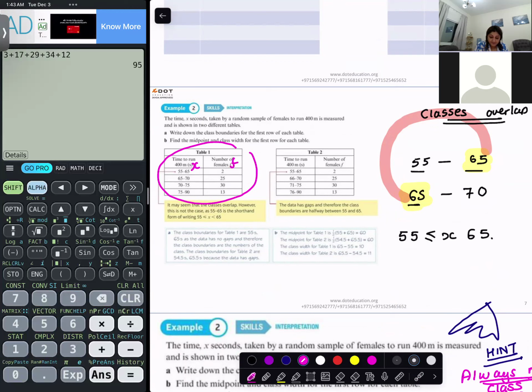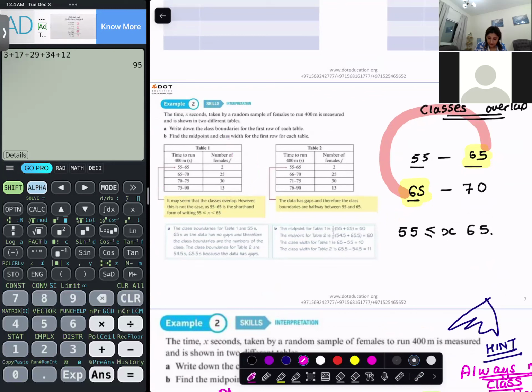If I read this, that means 2 females take 55 to 65 seconds to complete a 400-meter race. 25 females take 65 to 70 seconds. So here I have grouped my data, putting how many people take 55 to 65 seconds.